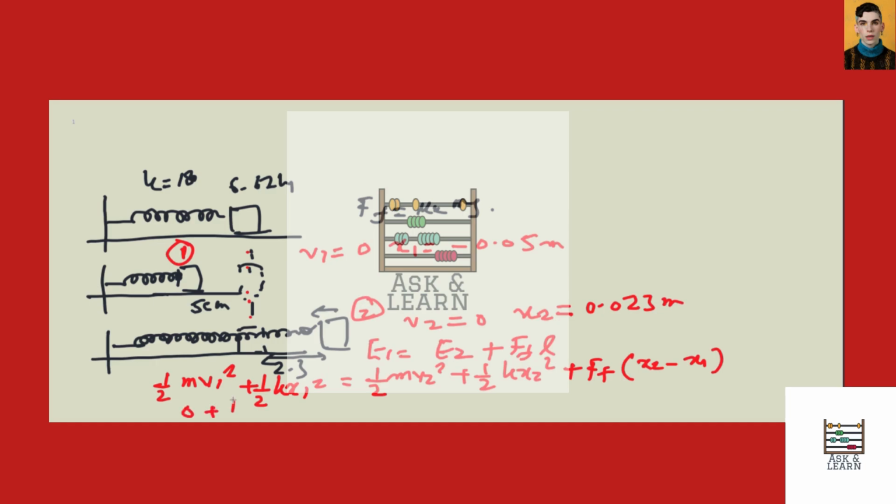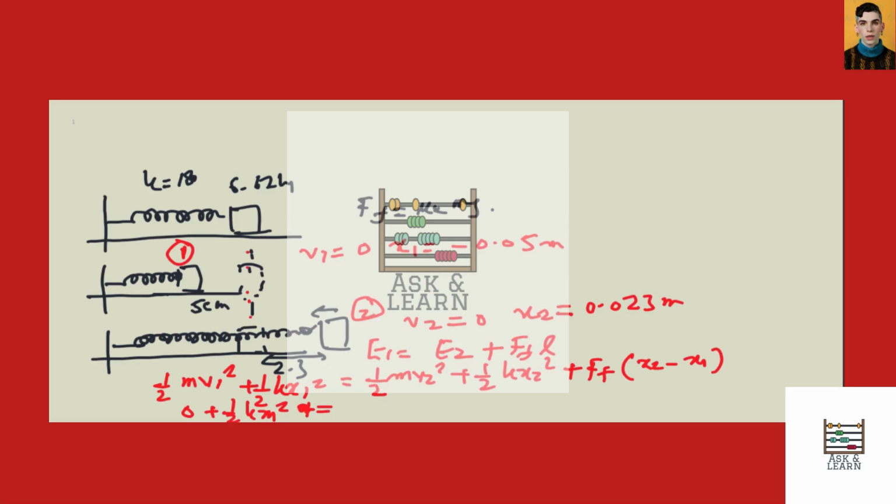So now we just plug in the values in this equation. As you can see, v1 is 0, so we have 0 plus half k x1 squared on the left hand side. There's nothing else.